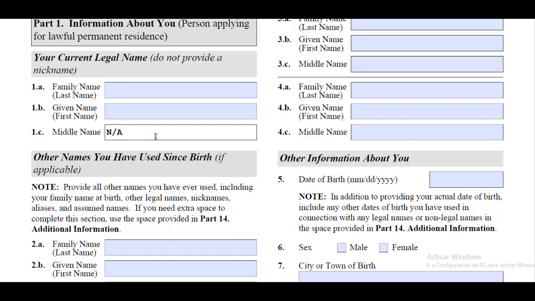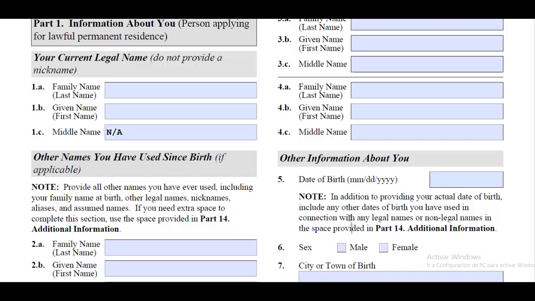Only one part of this form is left blank, the part for the USCIS officer. You have to fill out everything, don't leave anything blank unless it's in Part 13 or Part 14, and I will tell you once we get to that part. For your other names, you will write them here.